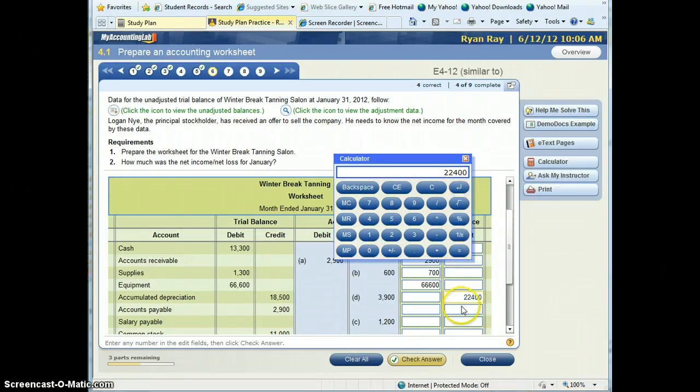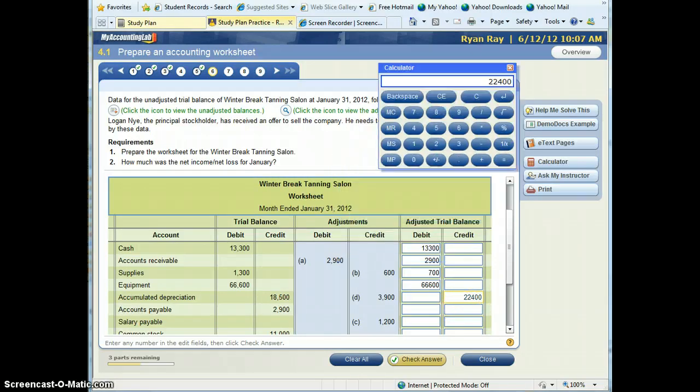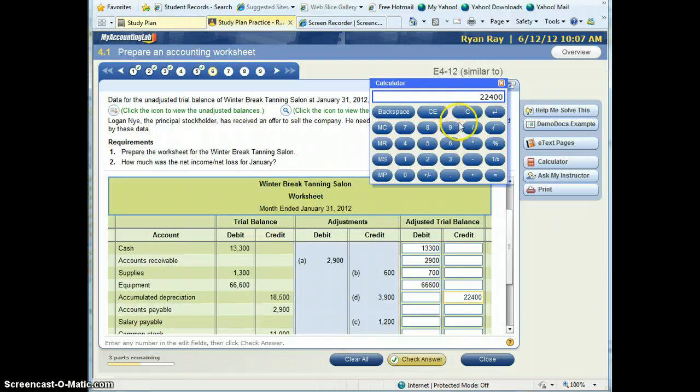And then if you notice that, you can bring it right down to wherever you're with this arrow key. If you haven't done that before, you can bring it down like that. Alright, so let's clear that out. So 22,400. The credit, accounts payable 2,900 and no adjustments, so 2,900. And then salary payable goes from 0 to 1,200.